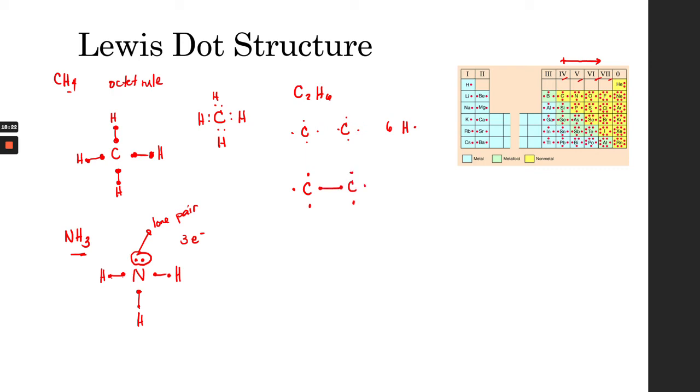So that's connected there. Then let's count how many more times our carbons need to connect. 1, 2, 3, 4, 5, 6, and that matches. We have 6 electrons, so they're all basically surrounding each carbon, 3 hydrogens for each carbon.